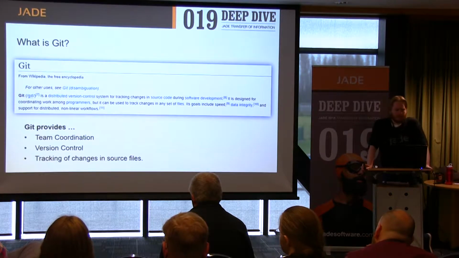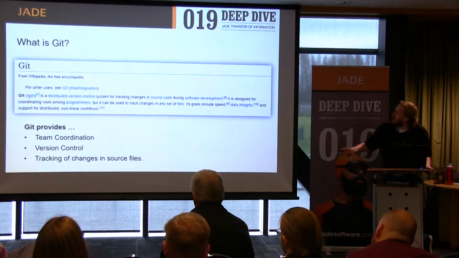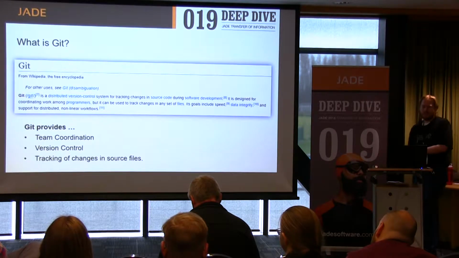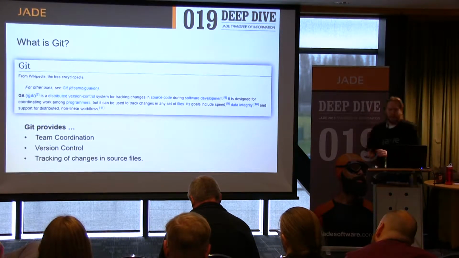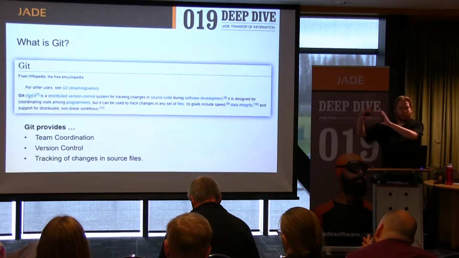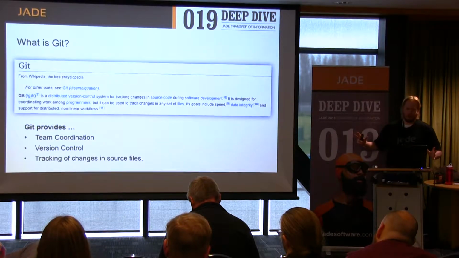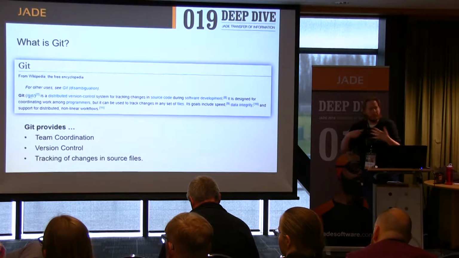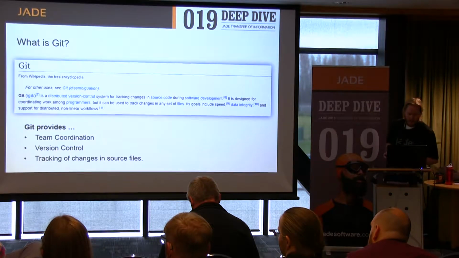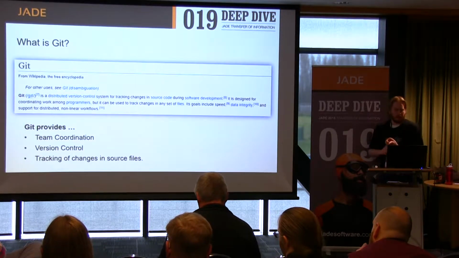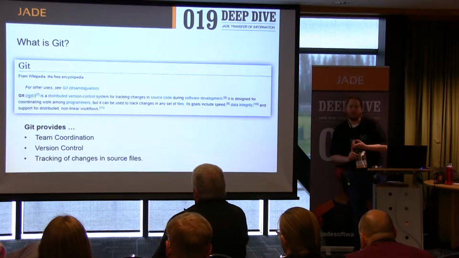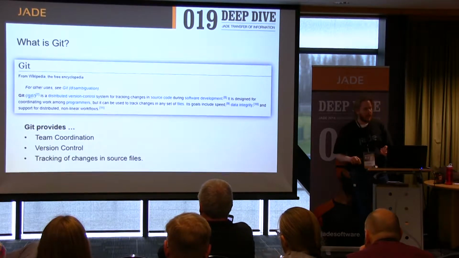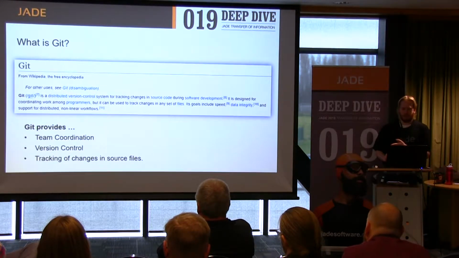So, first thing to say about Git is I've got the definition from Wikipedia, because it's always a great start to just start with Wikipedia. I love it. So it's a distributed version control system. So the idea being that you've got your remote repository, and then you've got many local copies, so that all of the repository is distributed amongst many developers, many repositories. It does a few things. It tracks changes in source code during software development. It's designed to help coordinate teams of programmers, and it tracks changes in source files.